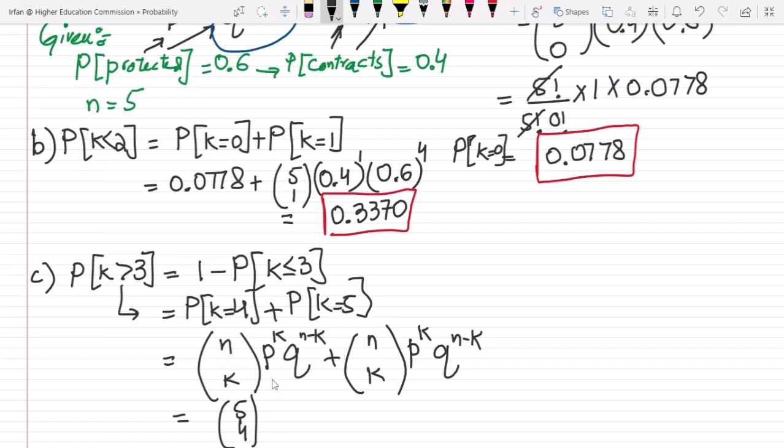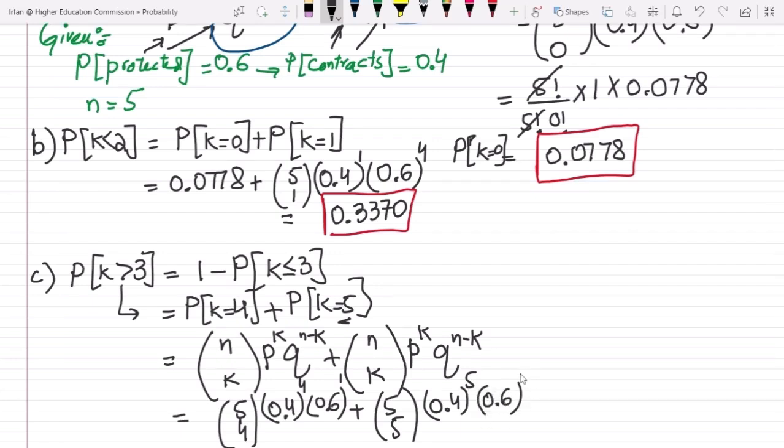The value of p will remain the same, this is 0.4 with 4, and q is 0.6, and n minus k is 1. Similarly here we have 5 choose 5 because here again we have 5. p will remain the same, this is 0.4, and q is 0.6, raised to power 0.